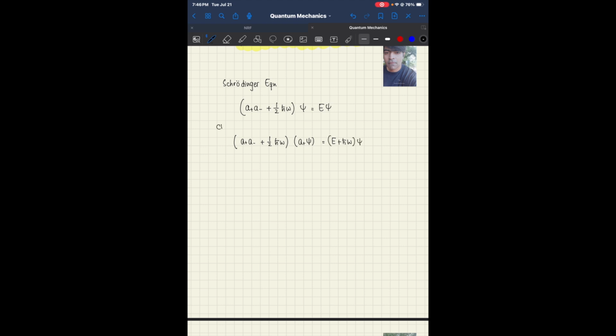This is a claim. As things stand, it's not obvious at all. Let's check that the claim is right.